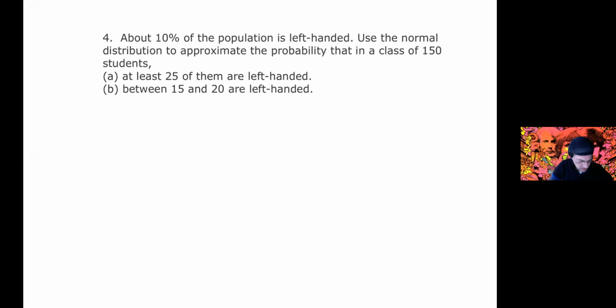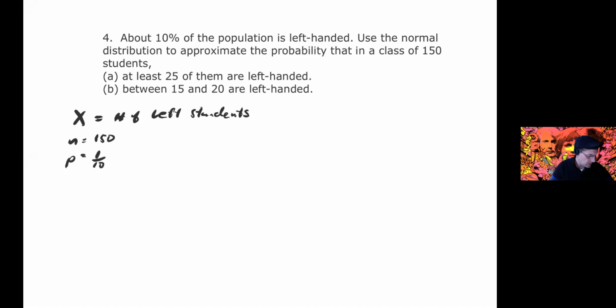So here let x be the number of left-handed students. So this is a binomial random variable. Here n is 150, and p is 0.1 or 1/10.